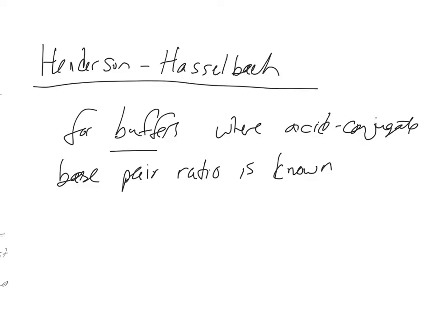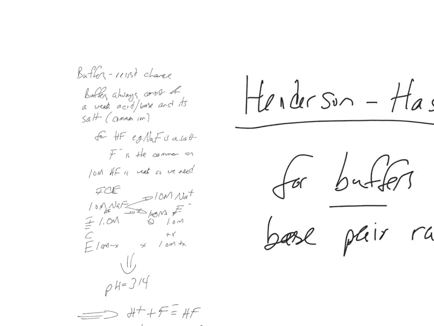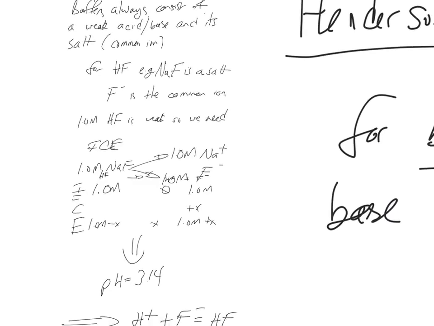When the acid conjugate base pair ratio is known, why do we know how much conjugate base we're starting with? Well, in this case, since it's a buffer, we know the conjugate base because of this whole situation here.